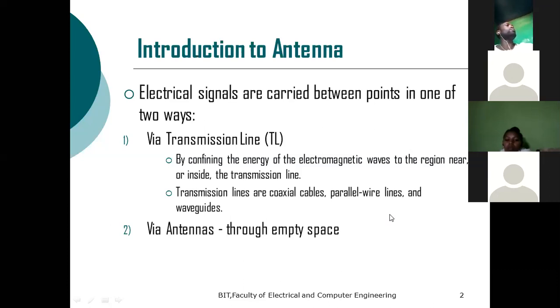So the basic objective of an antenna system is to radiate the signal which comes from the transmission medium to the free space.